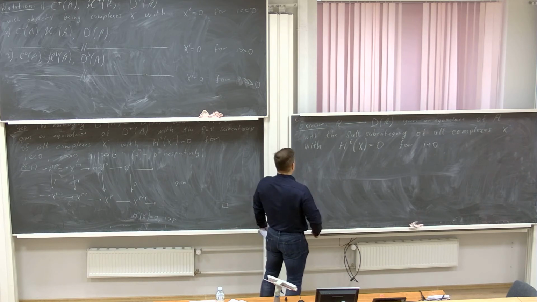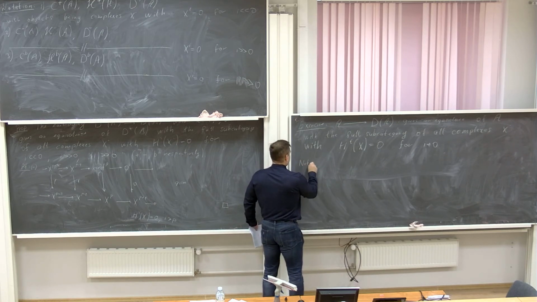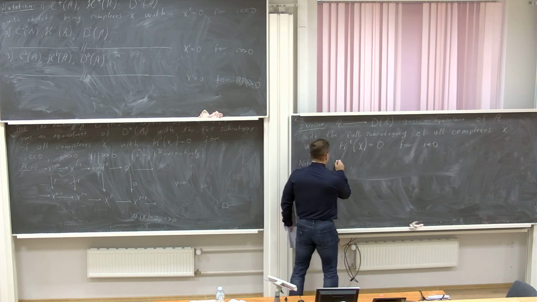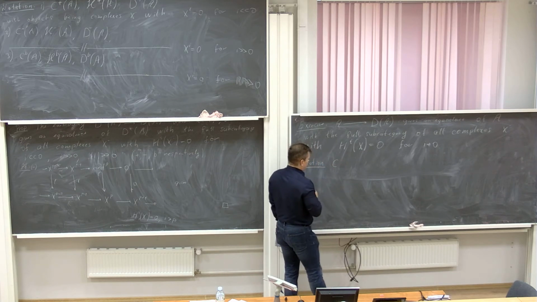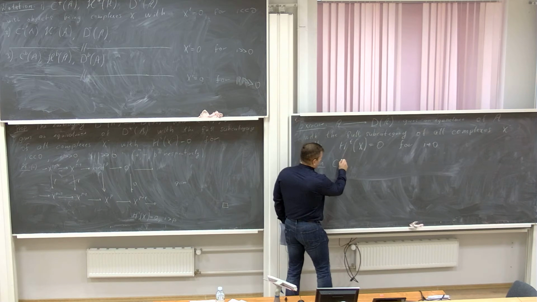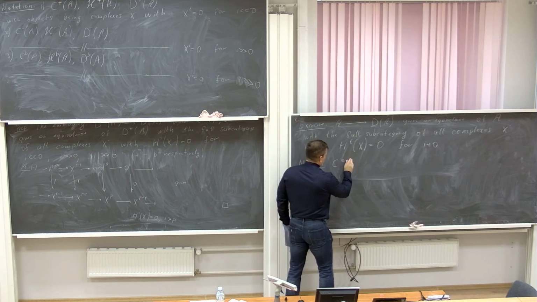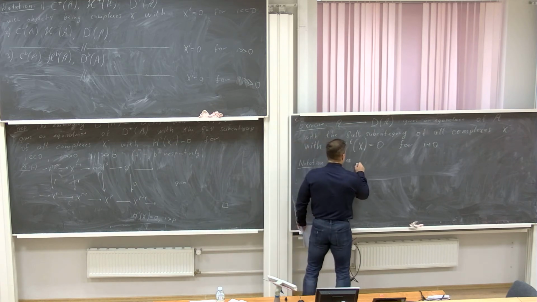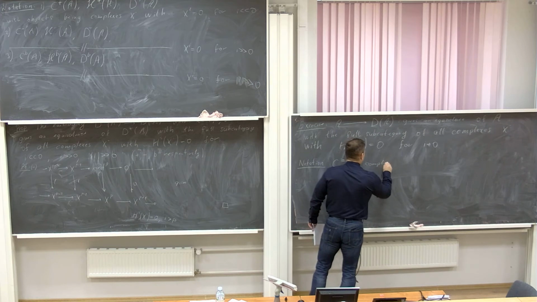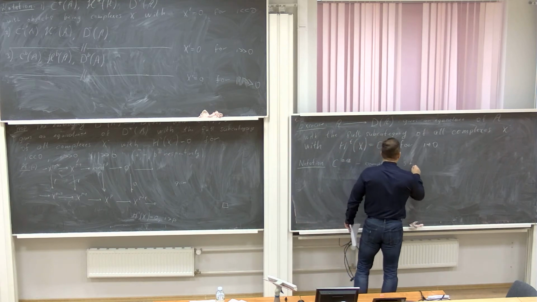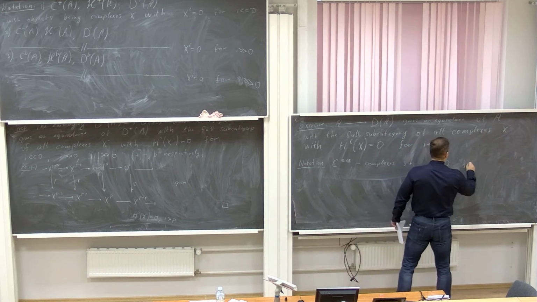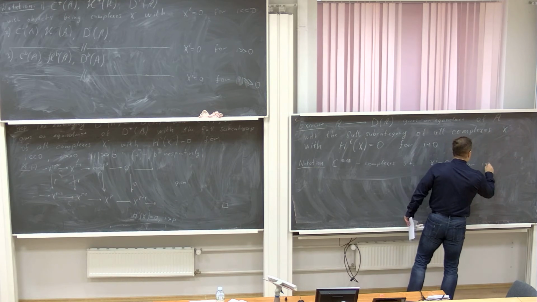I want to finish this with another notation. This is not about subcategories, but it's just a useful notation, for example to formulate the next statement. I can consider complexes that live in degrees starting with a. These are complexes such that X^i is equal to 0 for i smaller than a.